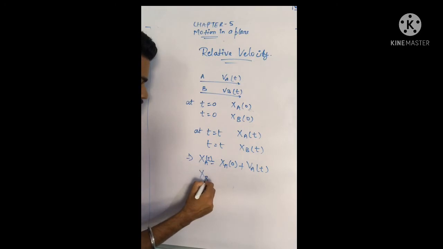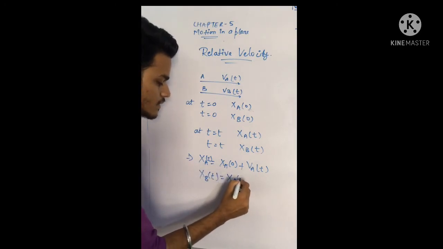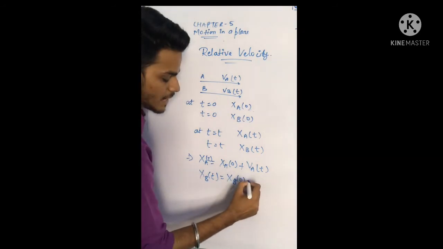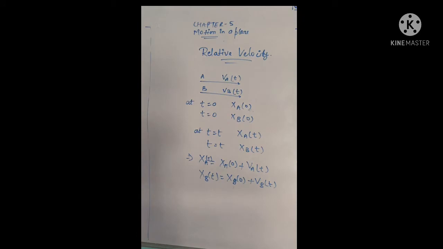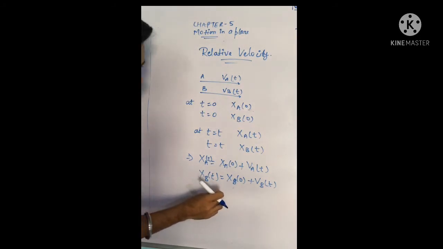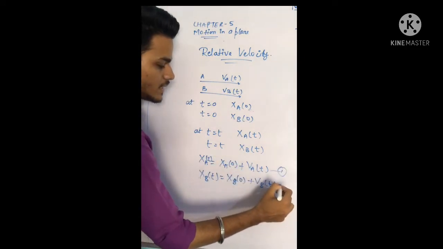Same in the case of b, when we add the position of the body at time t equals 0 and the velocity with which it is moving, then we will get the position at point b when time t equals t. So we have both the equations, first and second.